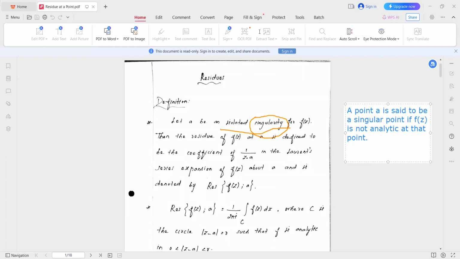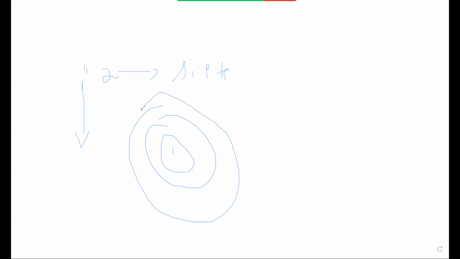So let us consider 1 and 2 as singular points. By making 1 a center, we can make so many neighborhoods.